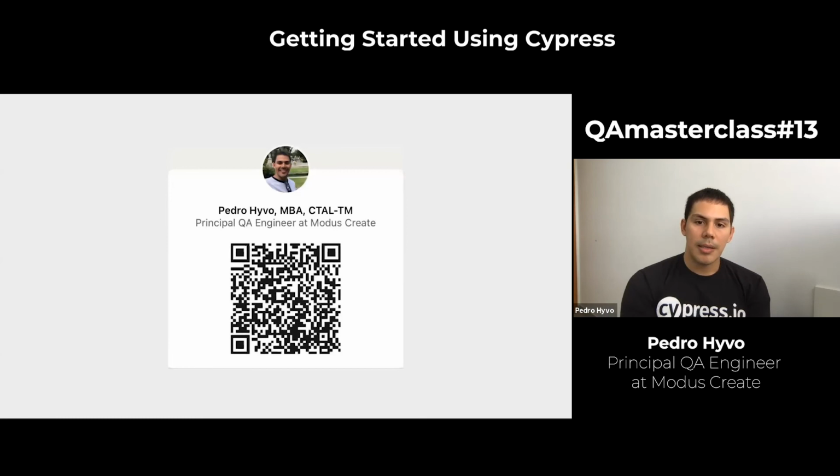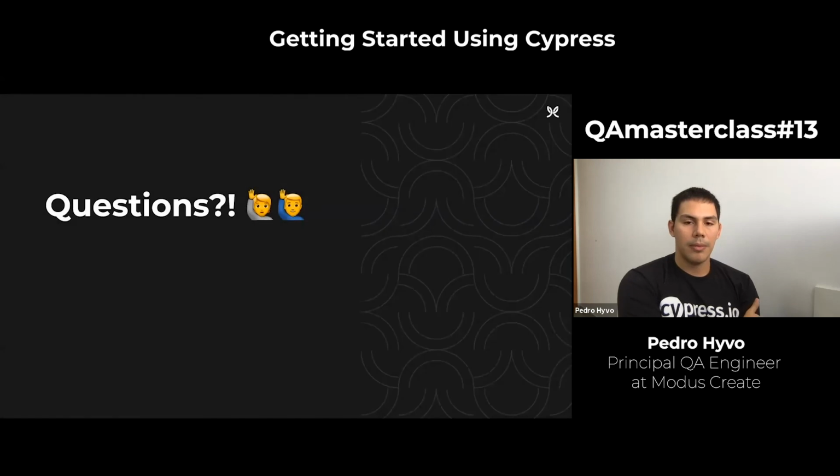And if you guys want to stay in touch with me, you can easily find me by my name, Pedro Hyvo, or scan this QR code and it opens my LinkedIn profile page directly. And now we are open for questions.